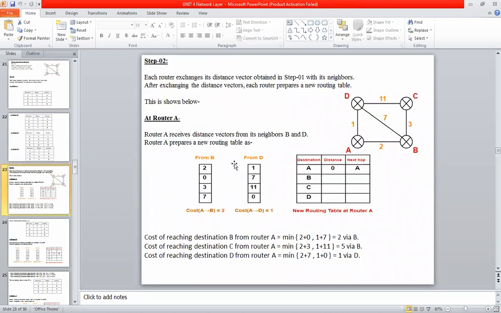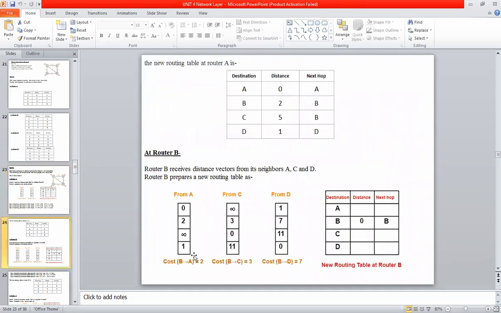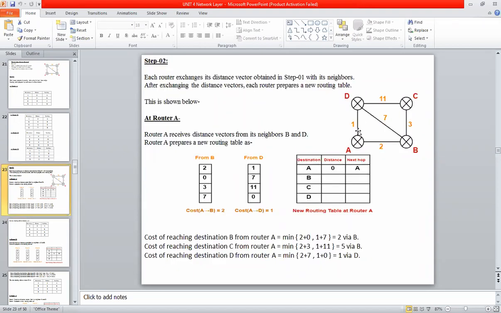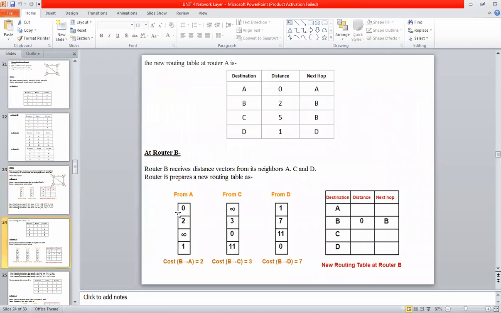A to C: is there any direct link between A and C? No, so that will be infinity. A to D, that is 1. So you have updated the table for A.